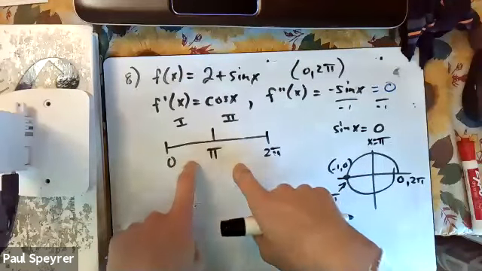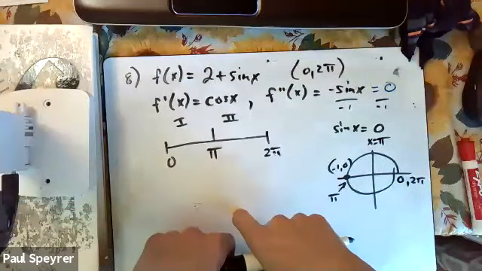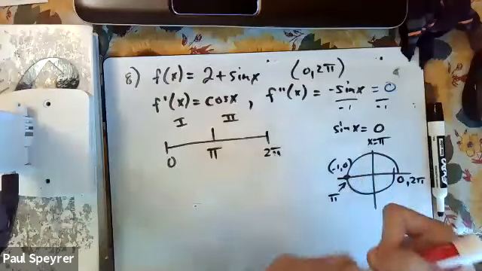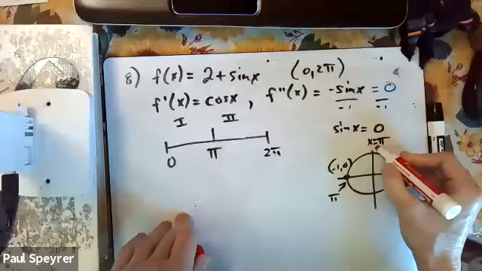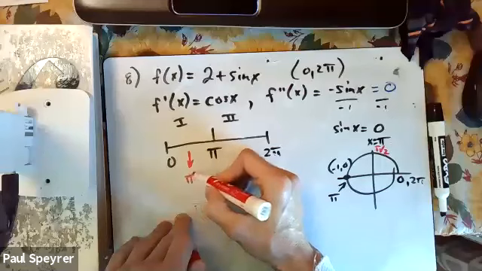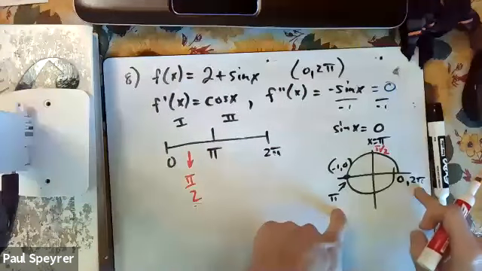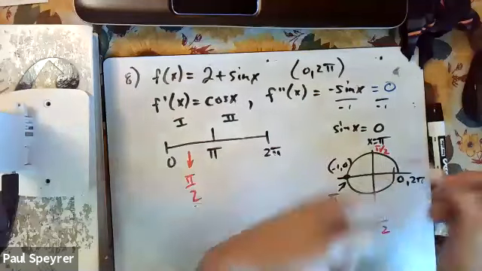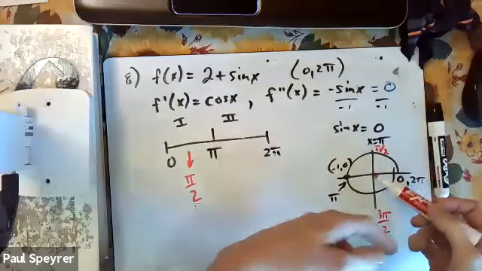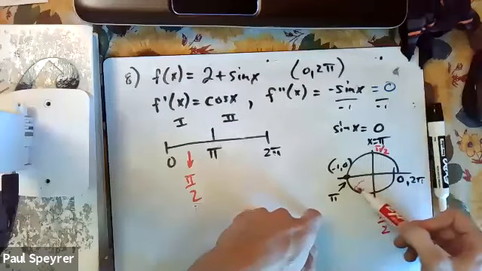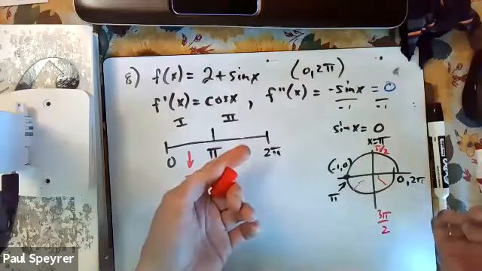So what are some nice values between 0 and pi, or pi and 2 pi? Something nice between 0 and pi is pi over 2. Let's use that. What's something nice between pi and 2 pi? Well, 3 pi over 2. And of course, there are all kinds of other ones, like 5 pi over 4 or 7 pi over 4. Anything between is totally fine.